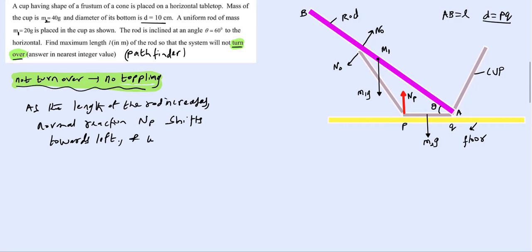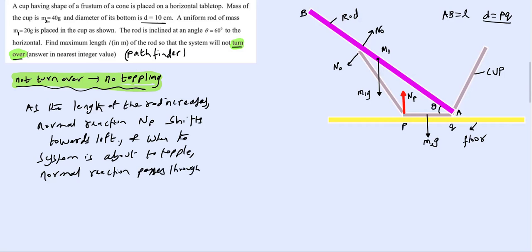And when the system is about to topple, the normal reaction passes through P. So therefore, net torque about P should be 0.